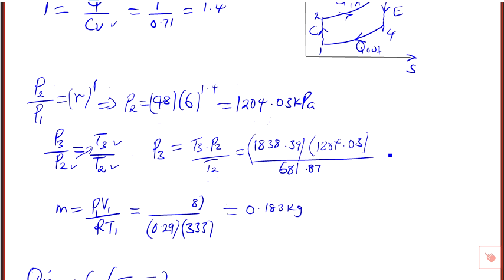Now if you simplify that, you'll find that P3 is equal to 3246.19 kilopascals.